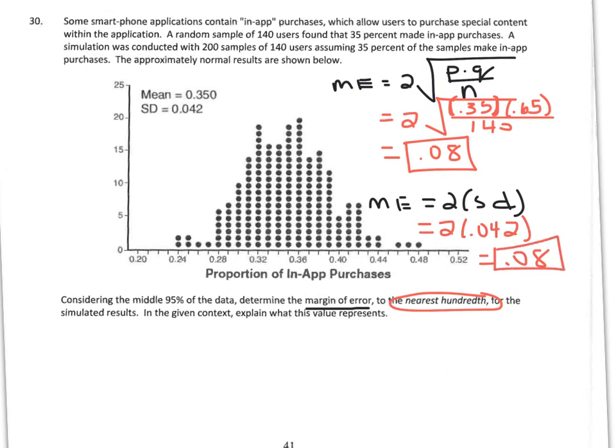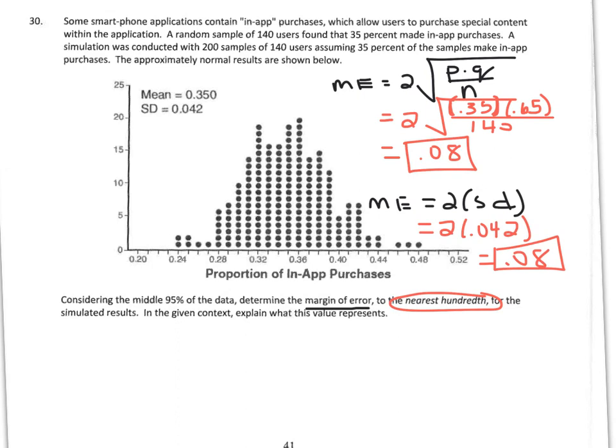Okay, now it says, in the given context, explain what this value represents. Now, in order to explain what this value represents, I mean, this tells you how far out you can go from the mean and still be in an acceptable interval, in a reasonable interval. So since they're telling us to find the middle 95% of the data, let's find the 95% confidence interval, okay?